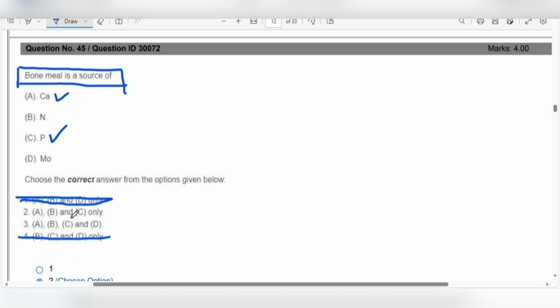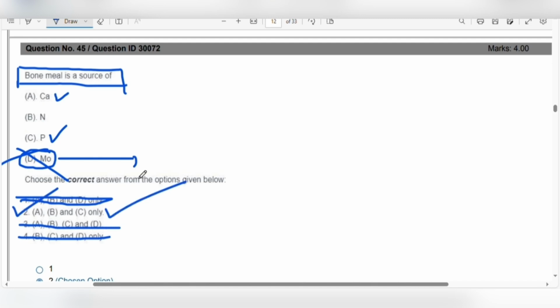Now ABC or ABCD, molybdenum is not present in bone in such an appreciable amount. It is not present in bones. We cannot say it is a source of molybdenum. Molybdenum is an essential micronutrient, but bones don't supply molybdenum. So it won't be option 3, it will be option 2.